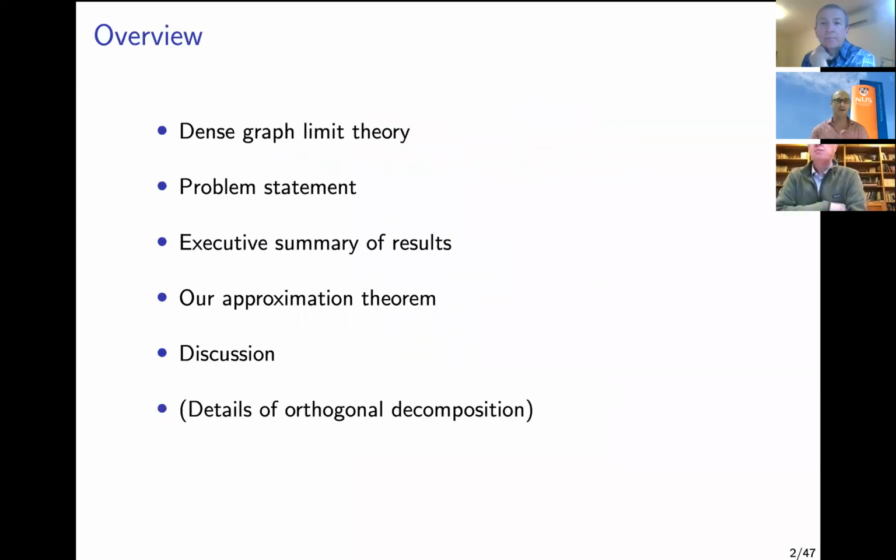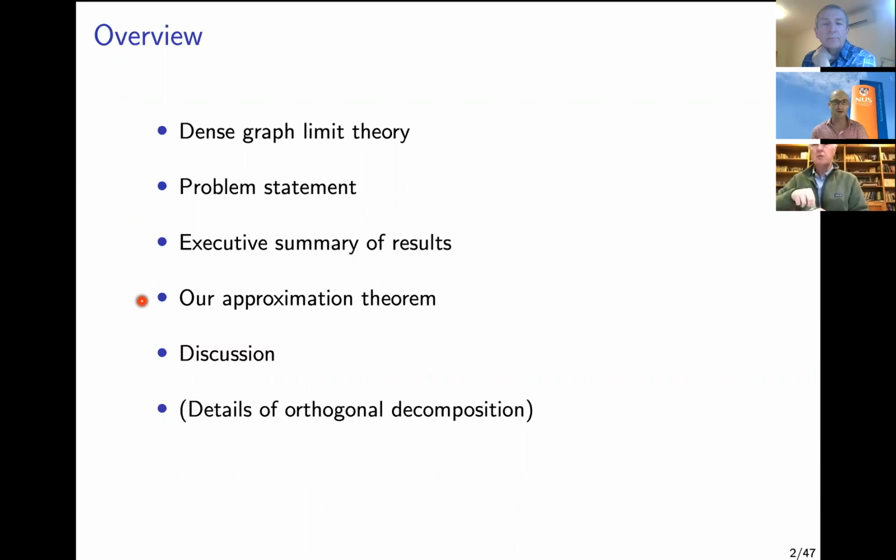So let me give a quick overview of the talk. I want to first talk a little bit about what dense graph limit theory is, just a very short introduction, give you the problem statement, what we're interested in, then an executive summary of our results, so that you get the higher level view of these results.